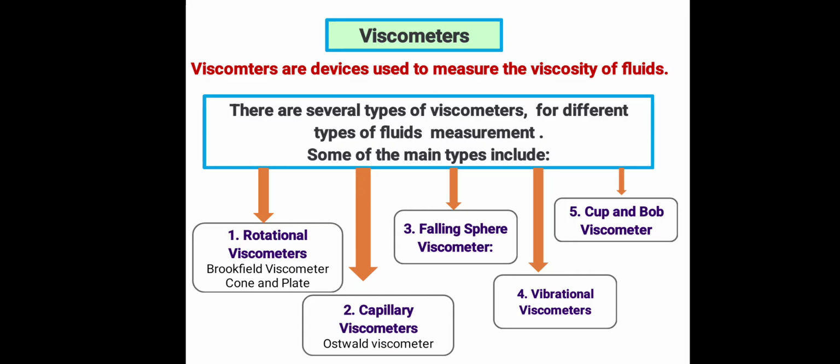So these are the different viscometers: rotational, capillary, falling sphere, vibrational, and cup and bob viscometers.